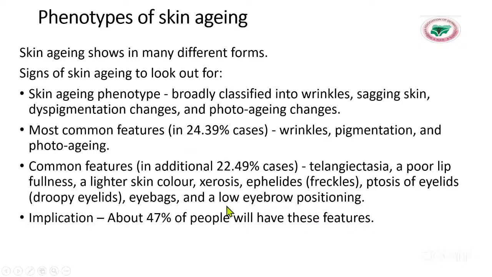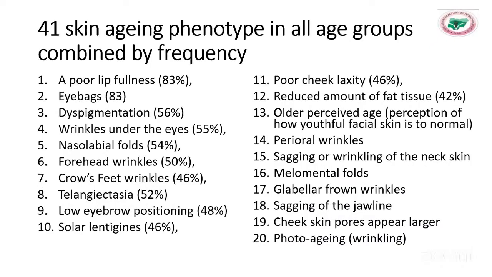But note that 47% of aging people have wrinkles, pigmentation, photoaging, telangiectasia, poor lip fullness, lighter skin color, xerosis, which is dry skin, freckles, ptosis of the eyelids, eye bags, and lower eyebrow positioning. These are 41 skin aging phenotypes, or skin aging features, that you will see. I put the percentages there for the first 12, then all the others. This is arranged according to their frequencies, how common they are.